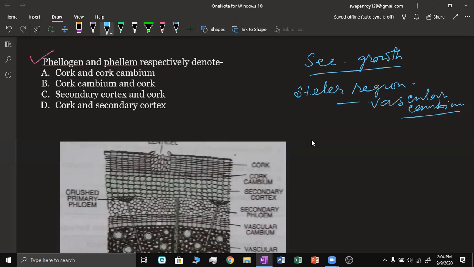But in the extrastelar region, outside the vascular area, meaning outside this vascular cylinder, the secondary growth takes place by cork cambium.